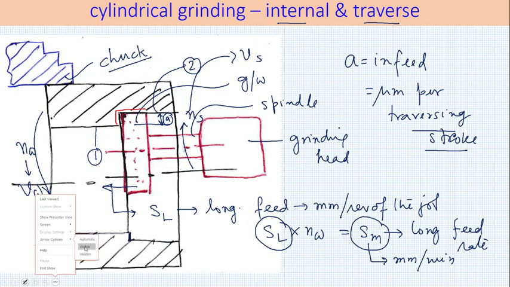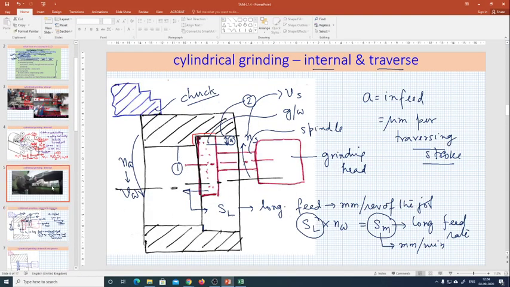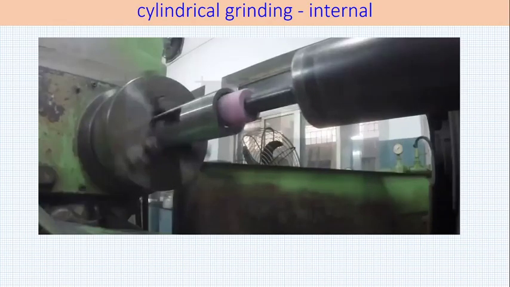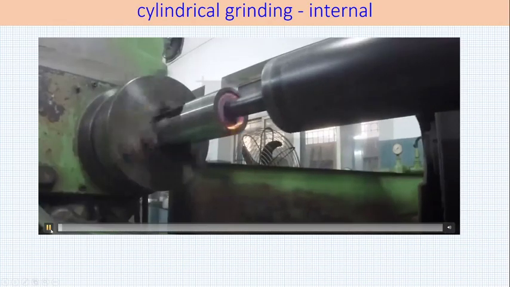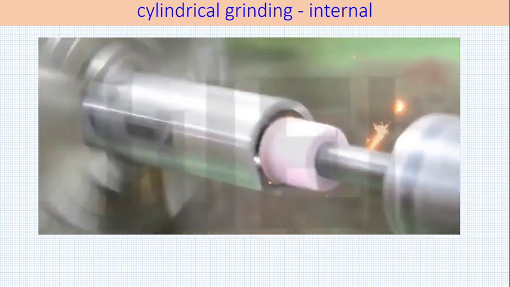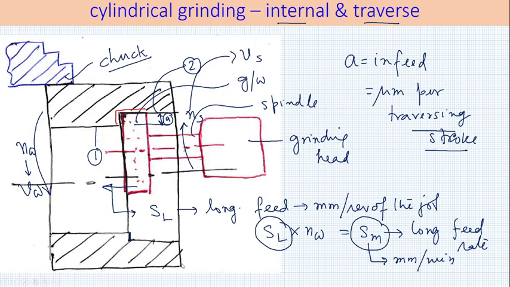Sir, here this grinding wheel is traversing, no? Grinding wheel is traversing. If we go back, just a minute. As you can see, the cutting head is traversing here also. Is that doubt clear? Fine. Yes, sir.